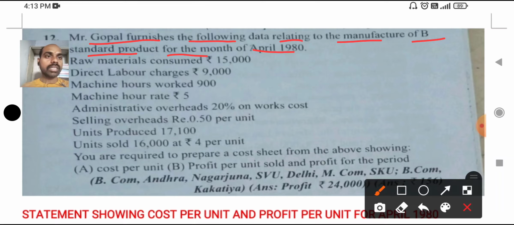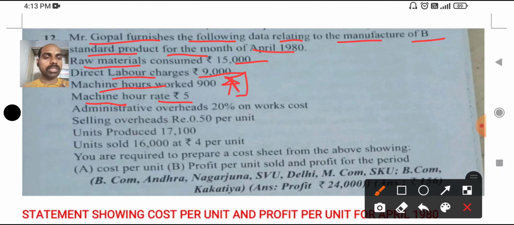Okay, 1980 में एक प्रोडक्ट बनाने के लिए आपका खर्चा क्या हुआ यहाँ पे बता रहे. Raw material consumed 15,000. Direct labor charges, that is your direct wages, 9,000. Machine hours worked 900. Please remember this is the number of hours worked, and per machine hour it is 5 rupees.